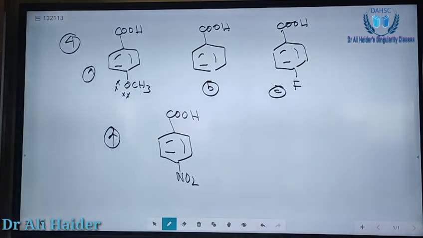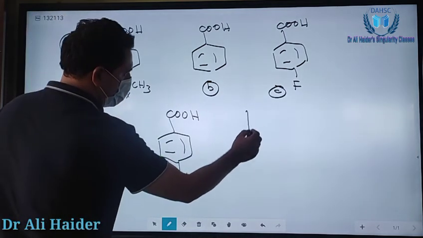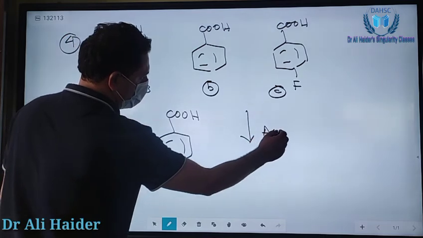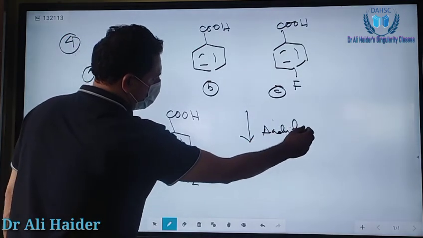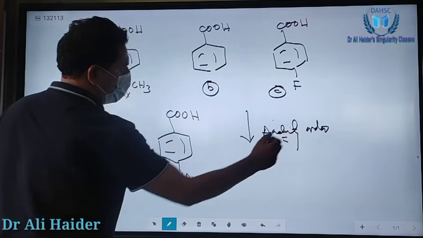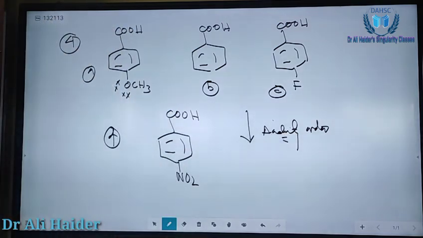What will be the decreasing acidity of it? Which one will be most acidic among all these four?